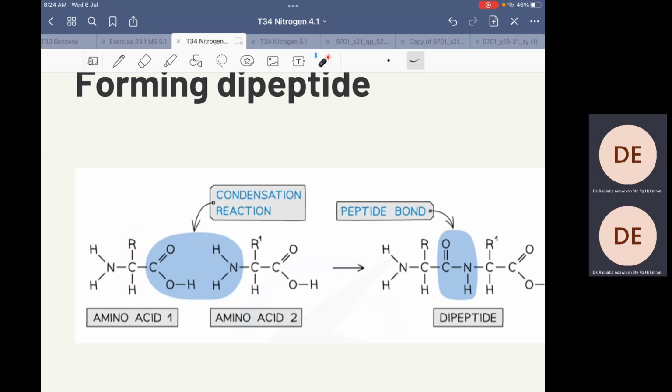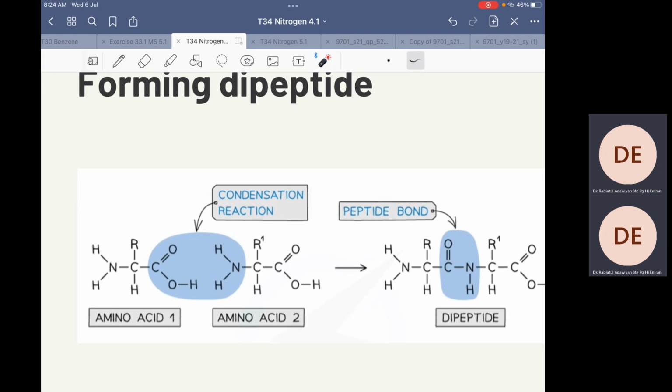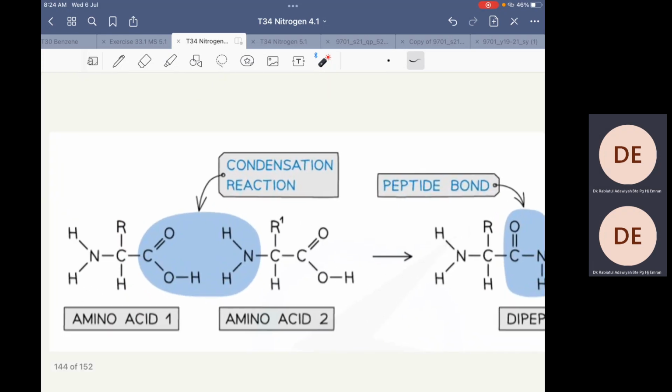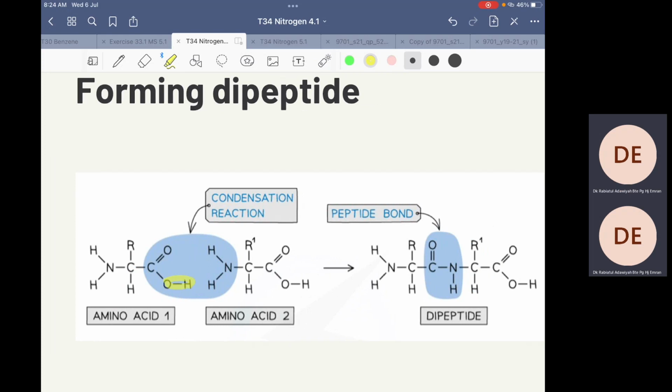Not along the chain. Okay, so during this condensation reaction, the OH from the carboxylic acid and the hydrogen from the amine group will be lost as water. That's why it's called a condensation reaction, formation of water, okay?